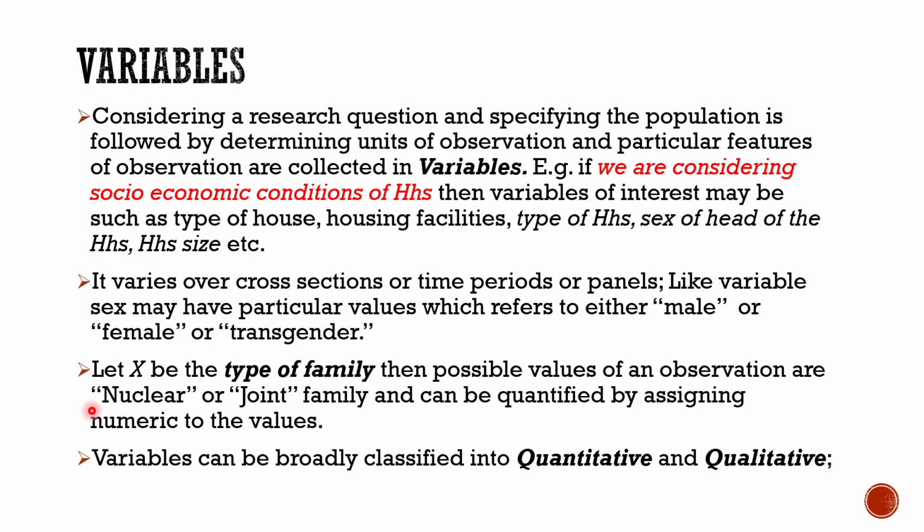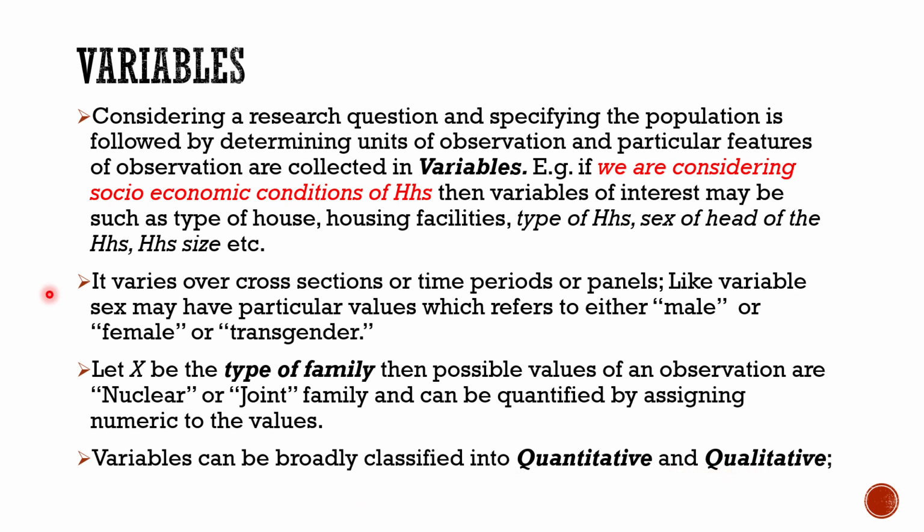Type of family may be nuclear or joint, and we can assign numeric to this. We can assign 1 to nuclear and 2 to joint family, and by that we actually assign numbers to variables. Now variables can be broadly classified into quantitative and qualitative variables.